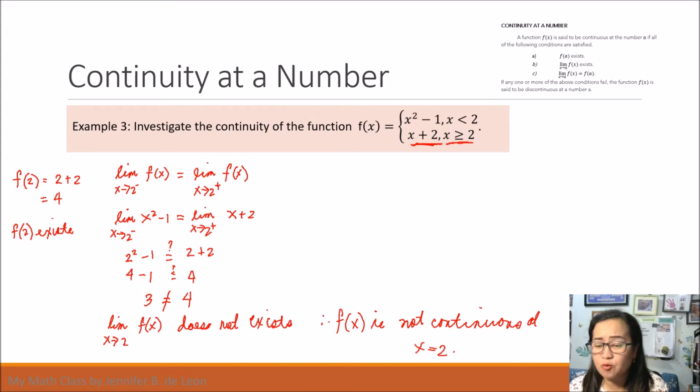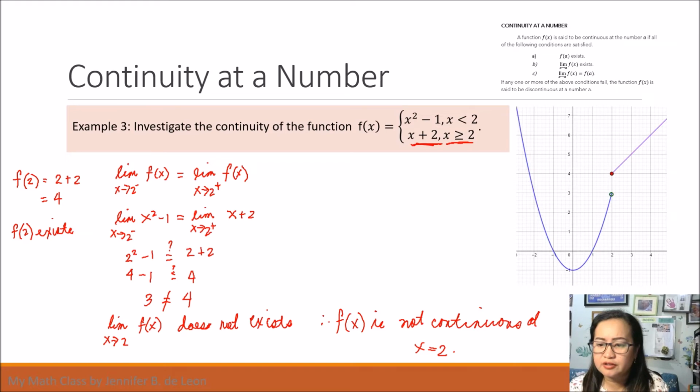Now we support our answer using a graphical method. If we trace the graph, we will be interrupted when we reach this point. There is an open hole.